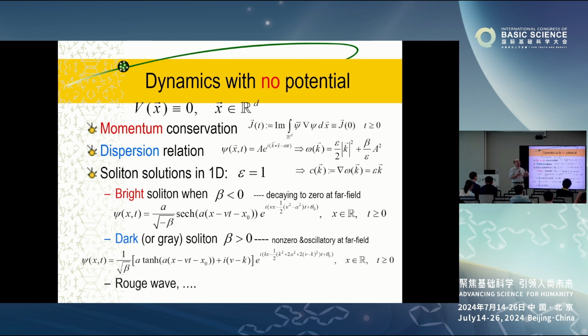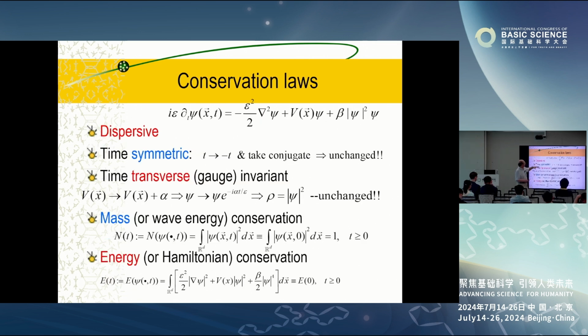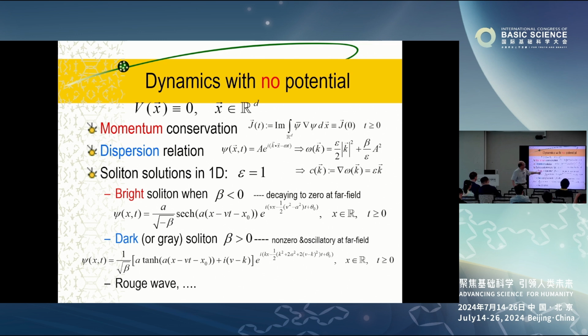In fact, for this kind of Schrödinger type dispersive equation, the dispersion relation is very, very important in numerical computation. That means if we plug in a plane wave psi(x,t) equal A exponential i(k dot x minus omega t), where A is the amplitude, k is the spatial wave number, and omega the frequency, into the Schrödinger equation, you end up with omega of k equal to this one.